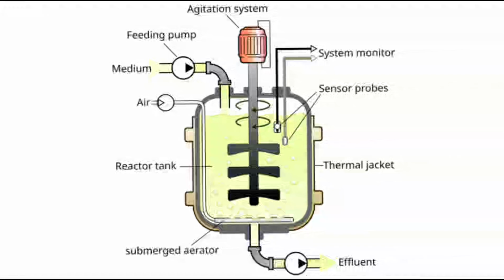A small volume of culture cannot yield an appreciable quantity of product. To produce a large quantity, the bioreactor was developed, where large volumes, that is 100 to 1000 liters of culture, can be processed.